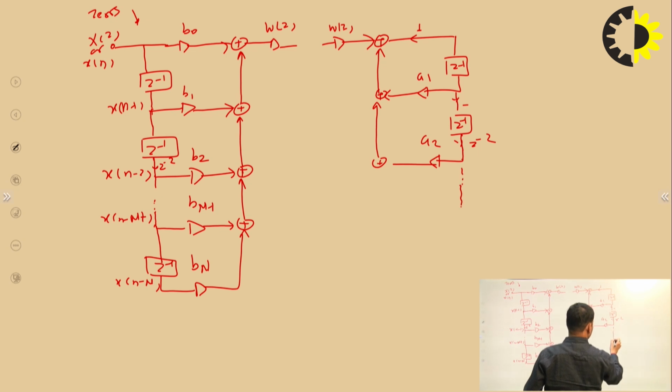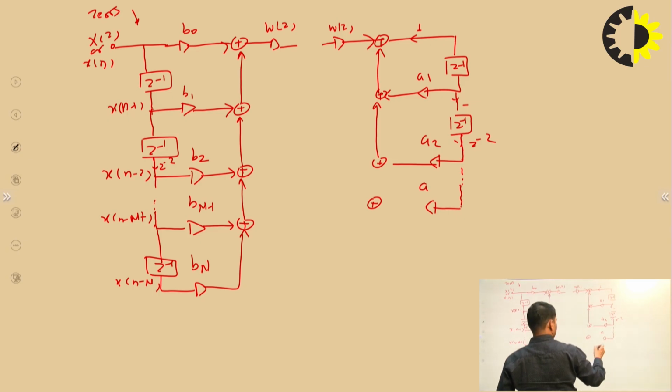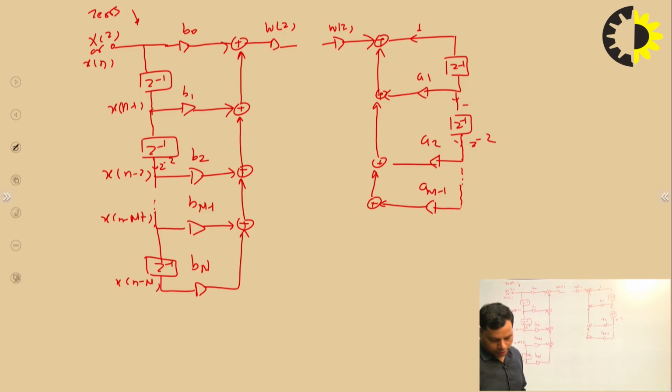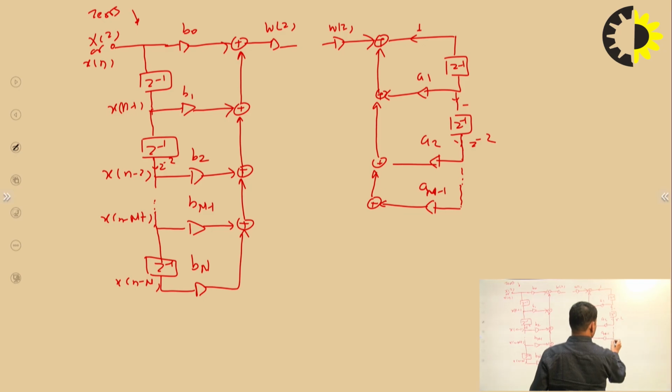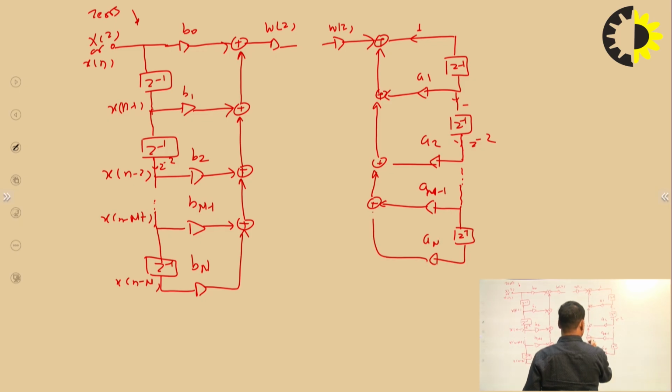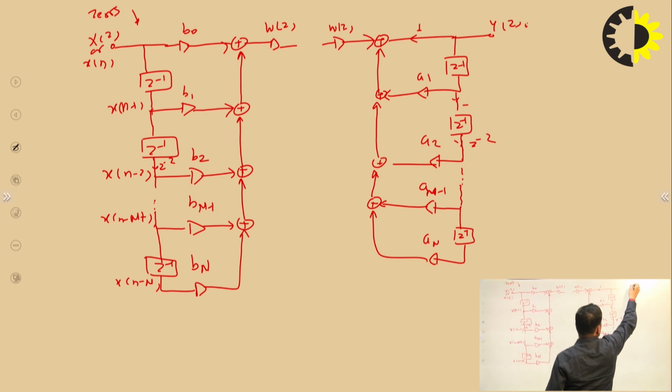We will continue it. Then last, it is z inverse. It is now going to add, and we will get the output here, Y(z) or y(n).